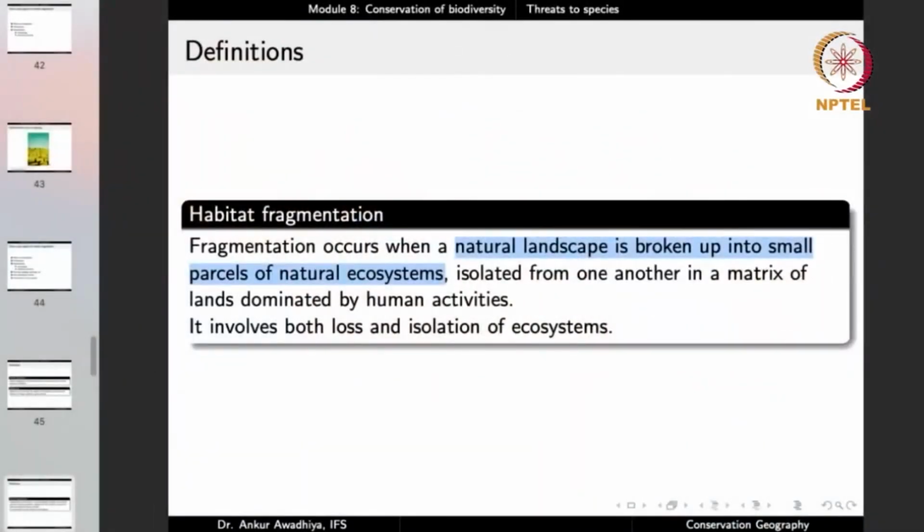The herd will stop producing more elephants. There will be density dependent mortality, and very soon the animals will become extinct. There will be a local extinction. Whereas on the second parcel, there are no elephants to take care of the ecosystem, and slowly that ecosystem will also move towards degradation. So that is habitat fragmentation, conversion of natural landscape into smaller parcels.